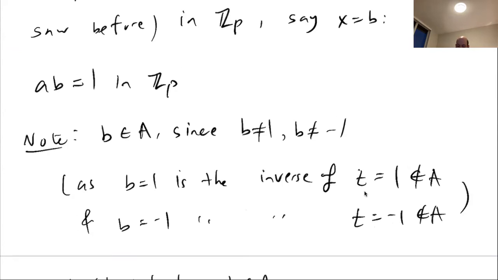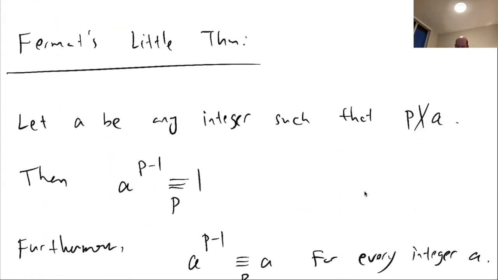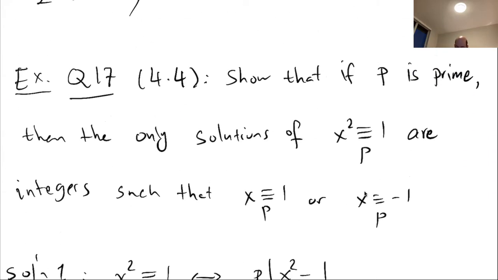Do you remember? I gave two solutions for this for you. Here, x squared equals 1 in Zp has only two solutions, x equals 1 and x equals -1.